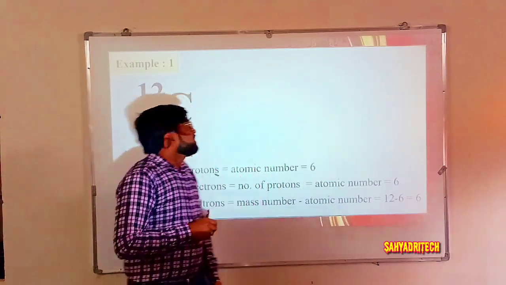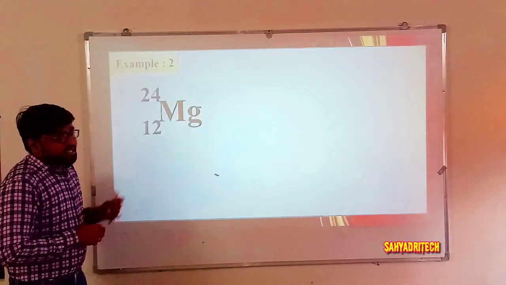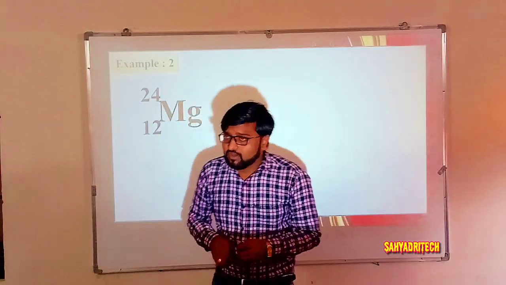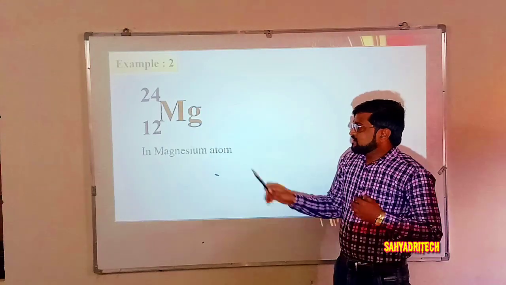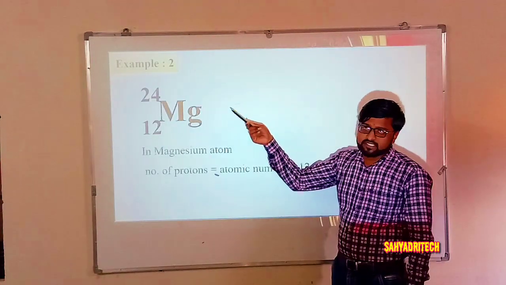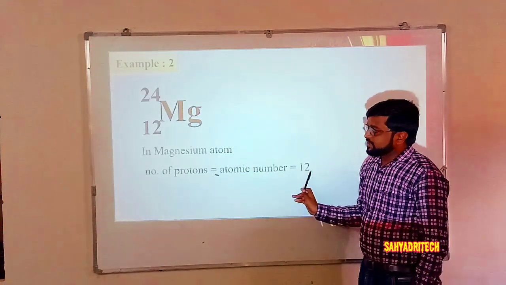Okay, well, we go for one more example. Magnesium 24. So magnesium atomic number 12 and mass number 24. Well, here again in magnesium atom, if I consider number of protons, neutral species, so directly atomic number itself is the number of protons, so it will be 12.